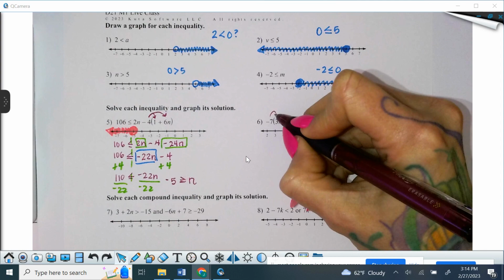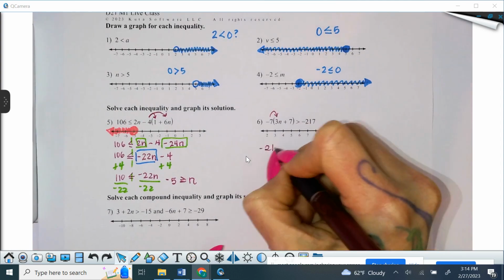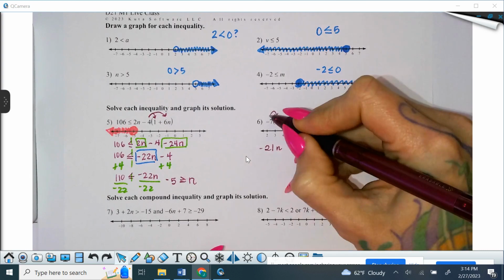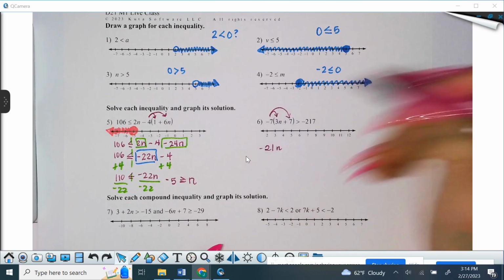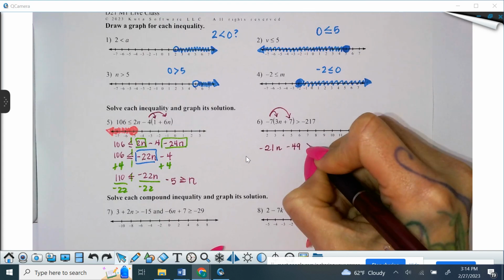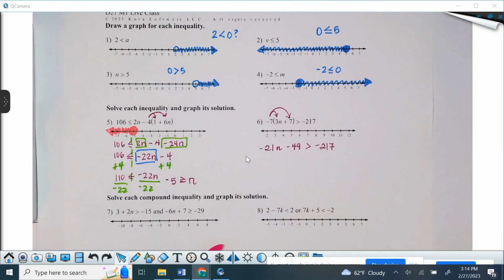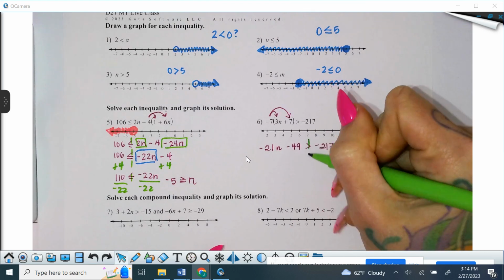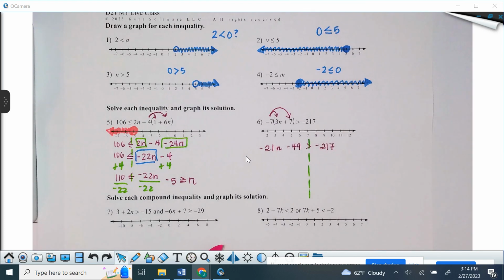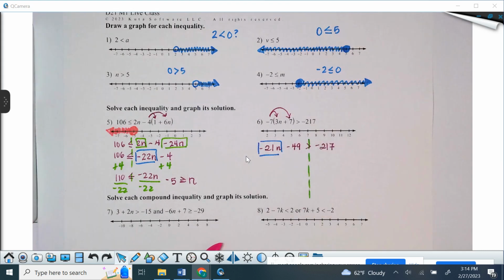So negative 7 times 3n is going to give you negative 21n. Negative 7 times a positive 7, because we're doing parentheses first, is going to give you negative 49, which is greater than negative 217 in this case. So again, as you've seen, I make silly mistakes all the time. Have to stay focused. There's all my colored pens and my great divide lines in my stinky kid box.